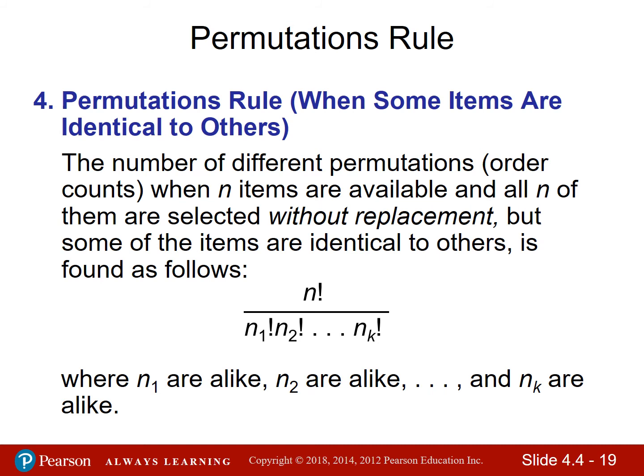The total number of letters is 4 plus 4 plus 4, which is 12. They're identical, so it has to be factorial 12 divided by factorial 4 times factorial 4 times factorial 4.